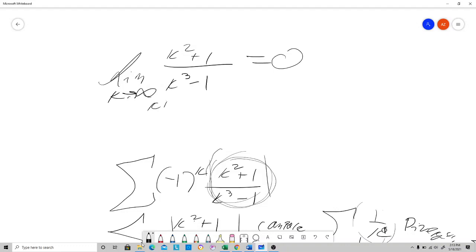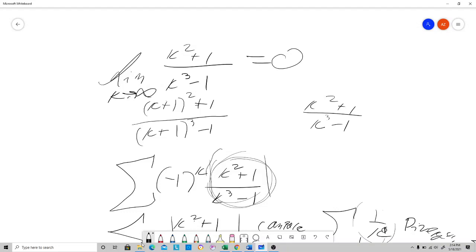So we have k plus 1 squared plus 1 over k plus 1 to the third minus 1. We're going to compare it to k squared plus 1 over k to the third minus 1. If we think about this, even though that plus 1 is not a huge difference, it is a big difference because this whole thing is still being cubed.